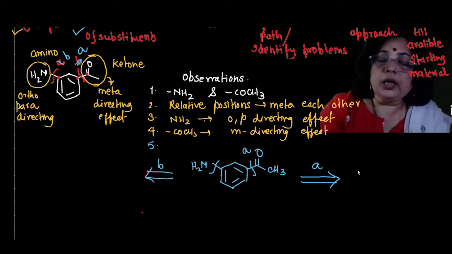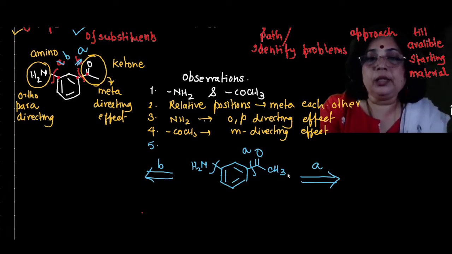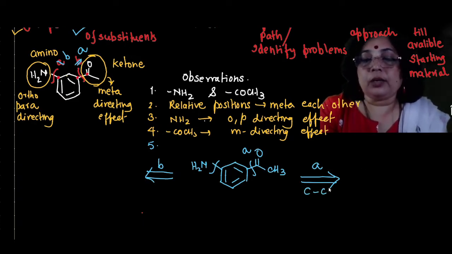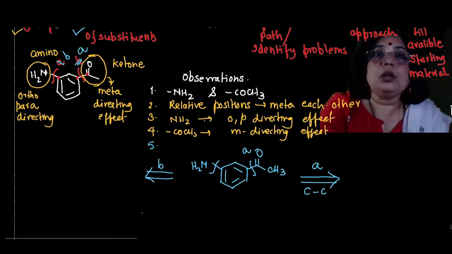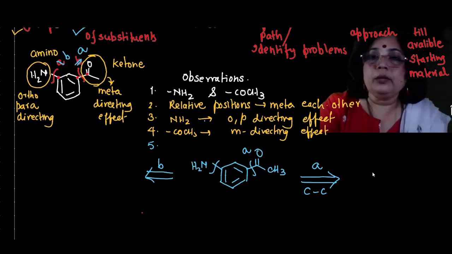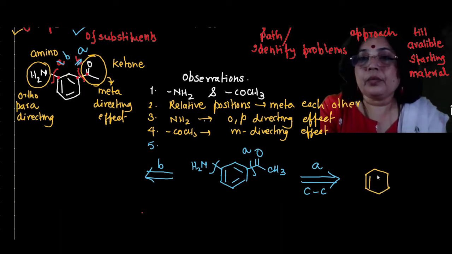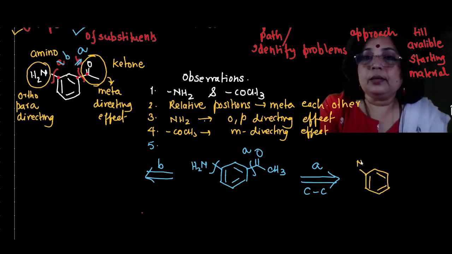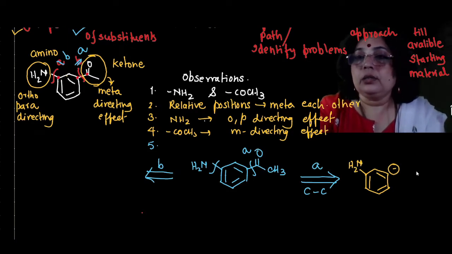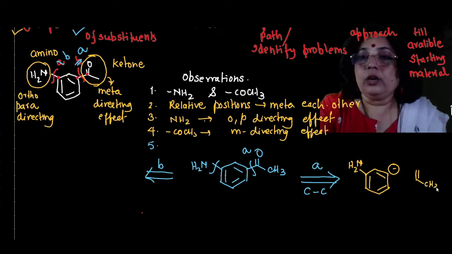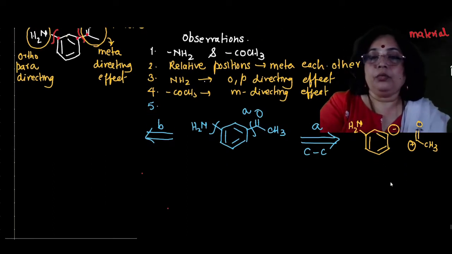Now let us see the A path, and when you do the C-C disconnection, the synthons obtained are these, where the negative charge will stay at the aromatic ring bearing NH2, and the positive charge will be at the carbon of the carbonyl compound.